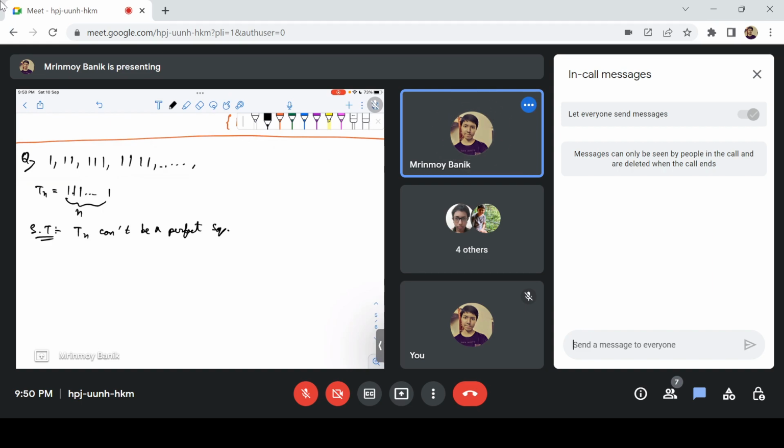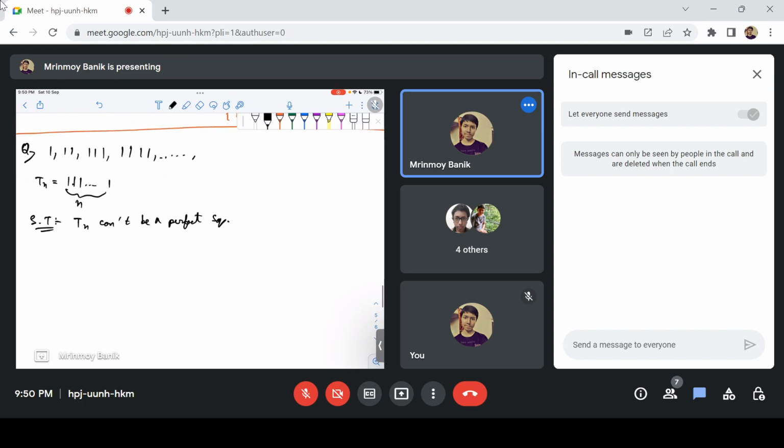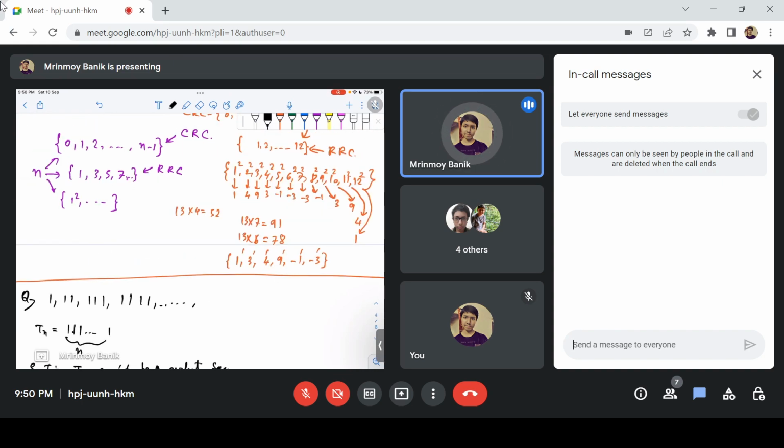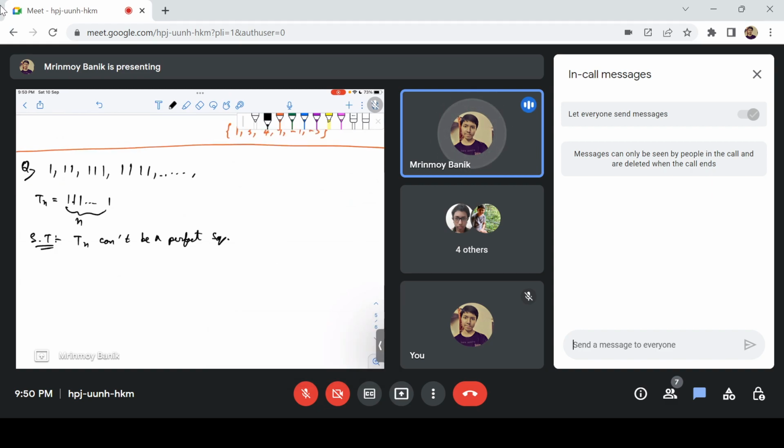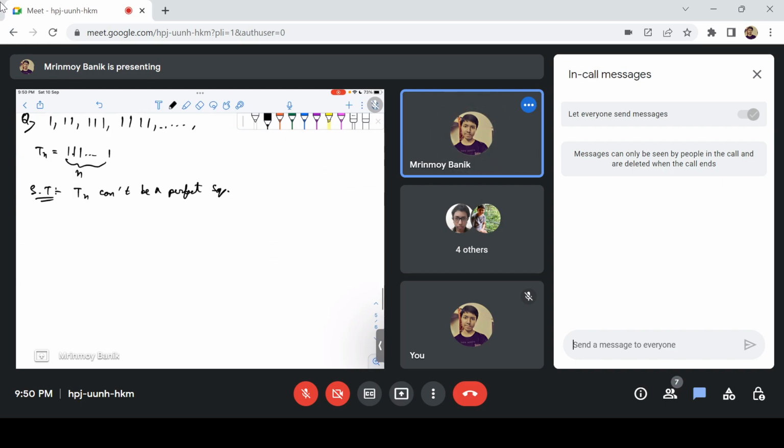So the idea is to find some suitable prime number, and then argue why the remainders that numbers of the form 111 give are not in its quadratic residue set. That should be enough to say none of them are perfect squares. So let's experiment with some of the first few primes.